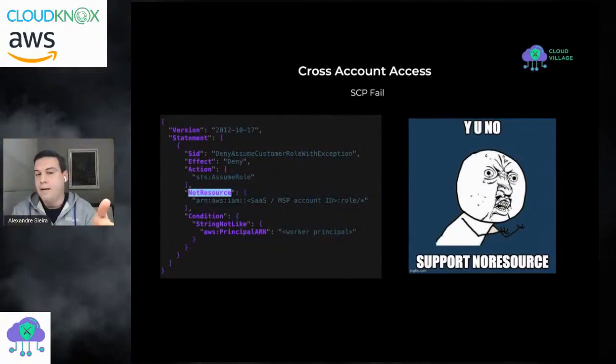That can't be done on SCP. So why? I mean, why? In any case, that means that you need to protect, as you should anyway, your root account privileges, for example, or anyone with the administrator privileges, because they will still be able to assume roles on all your customers as well if they have those privileges on the SaaS vendor account.